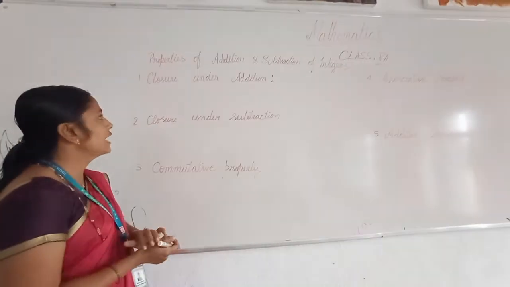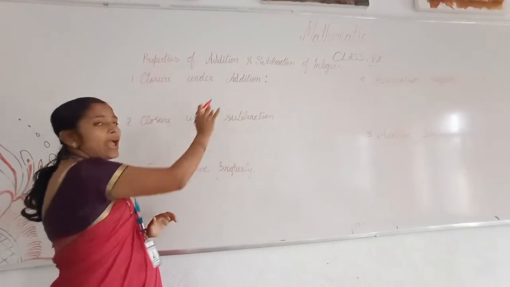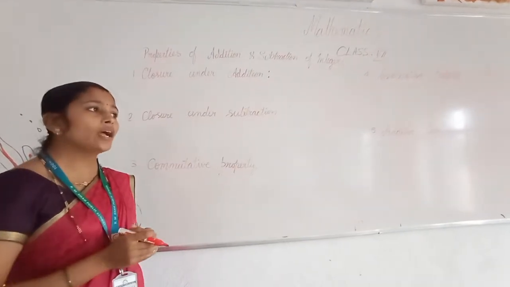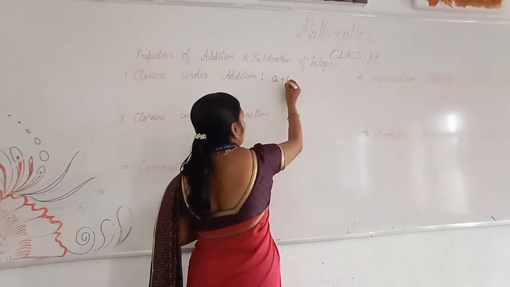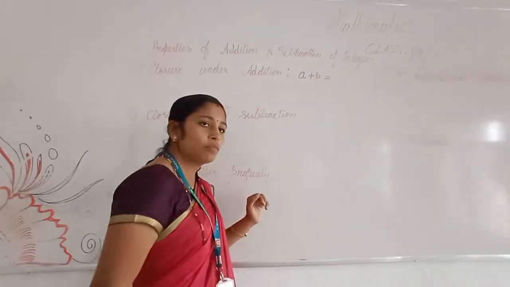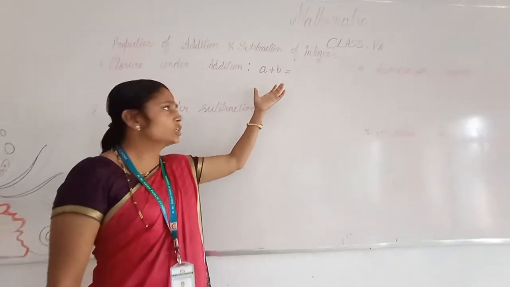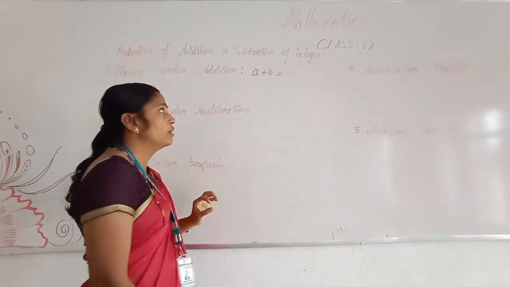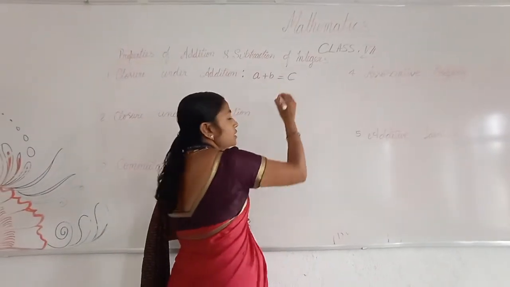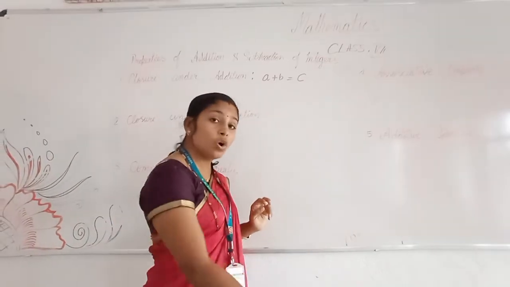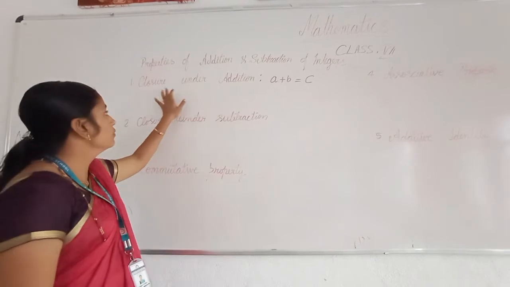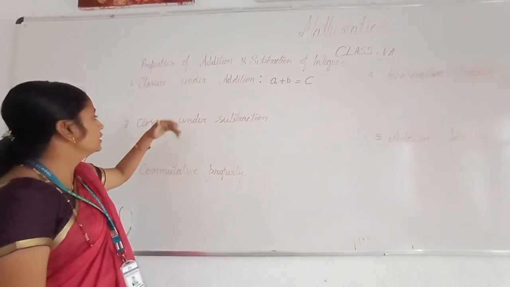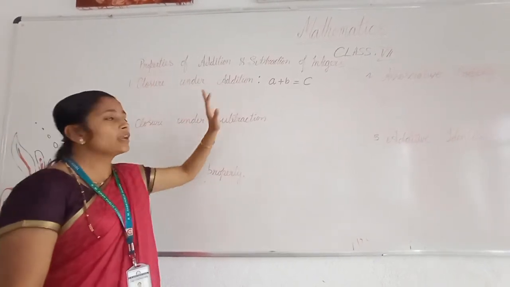The first one is closure under addition. If we add any two numbers, a plus b, in the general statement, let us take any two integers in the form of a and b, the result c is also one of the integers.